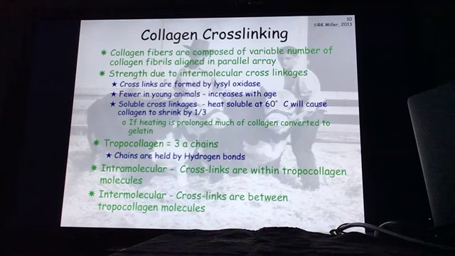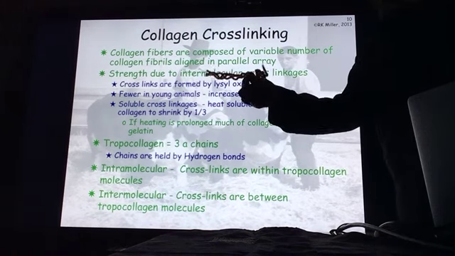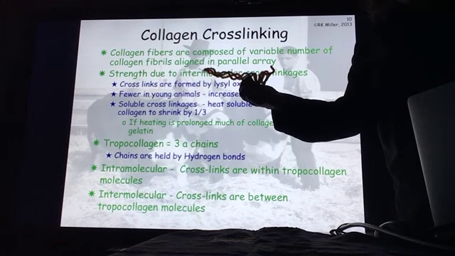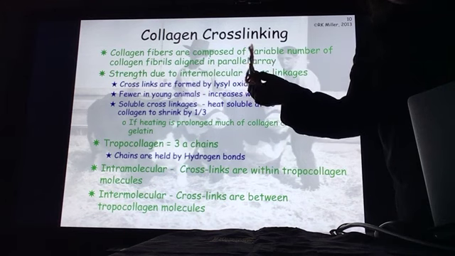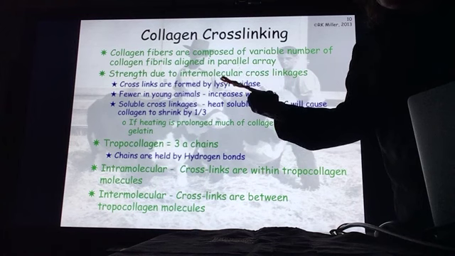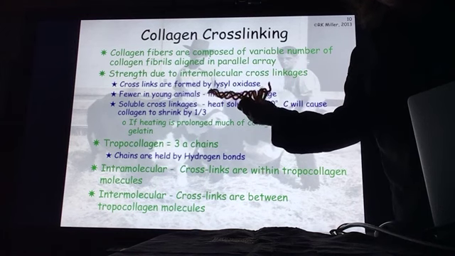So that brings us to the topic of cross-linking. We've talked about the 3-chain helix that's used to make tropocollagen, and I used pipe cleaners and made some tropocollagen in class. Here's my tropocollagen. I don't know if you can see it very well, but there are 3 pipe cleaners: an orange, a pink, and a green one.